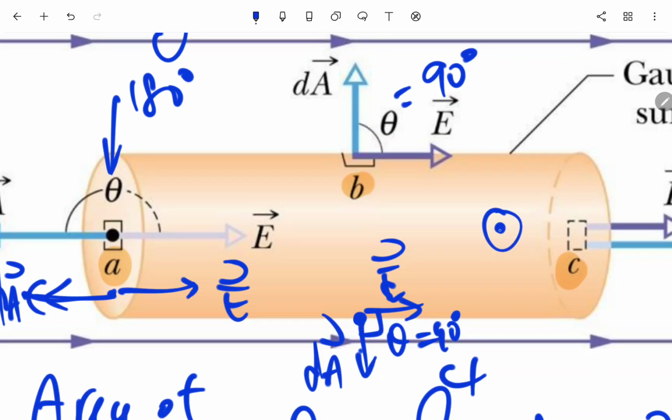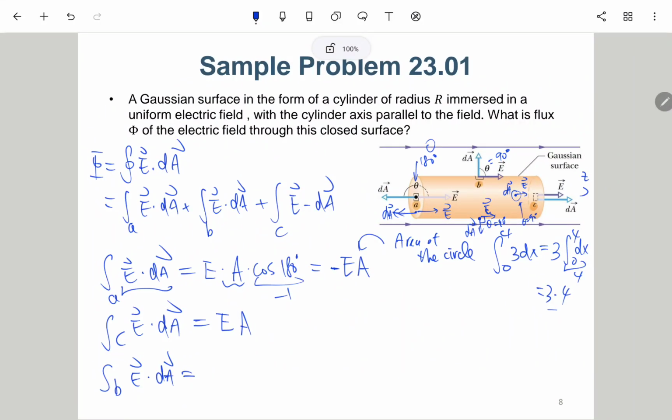dA will be pointing towards us, out of the page, perpendicular to the paper and pointing toward us. And the E is still pointing to the right side. So even for this case, theta is 90 degrees. So over the side of this cylinder, we always get E dot dA equal to 0.